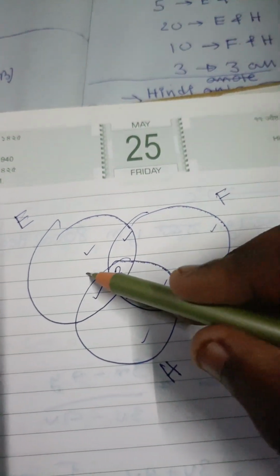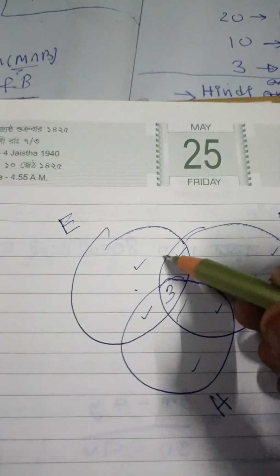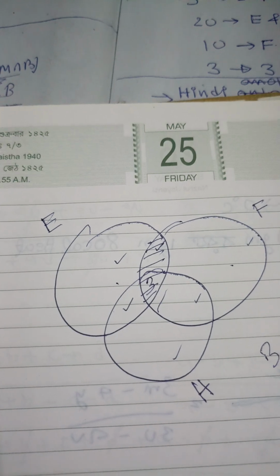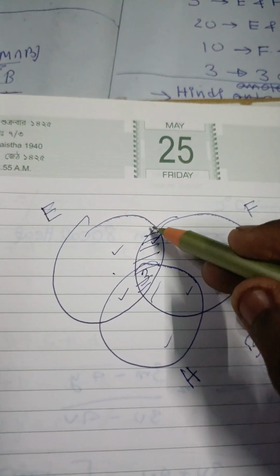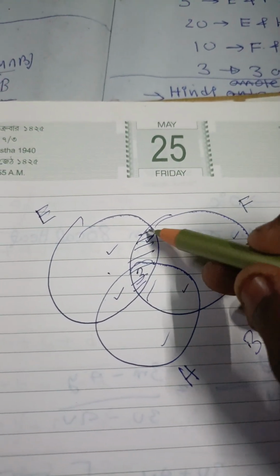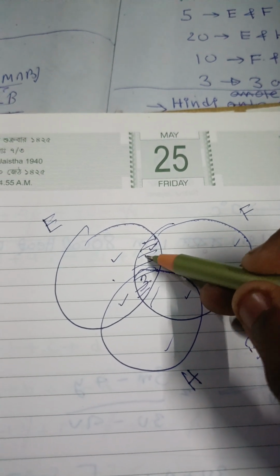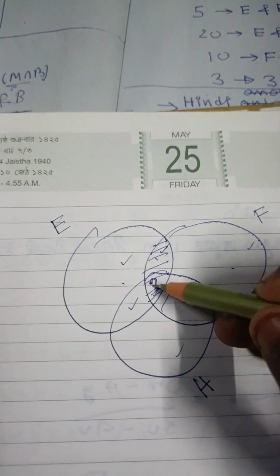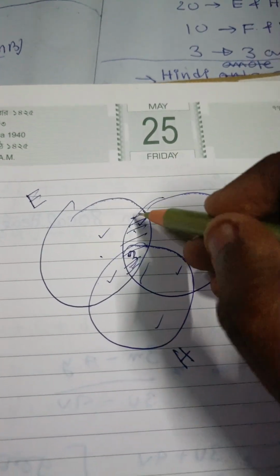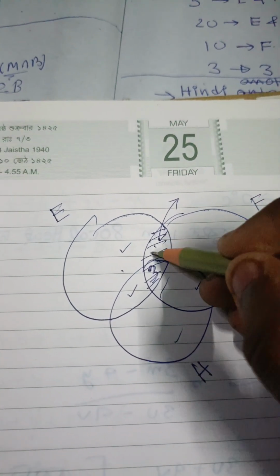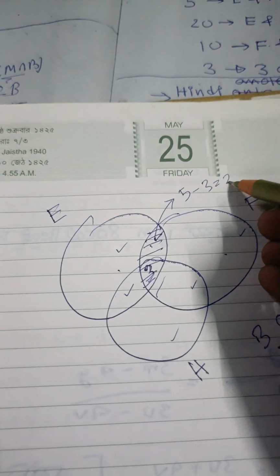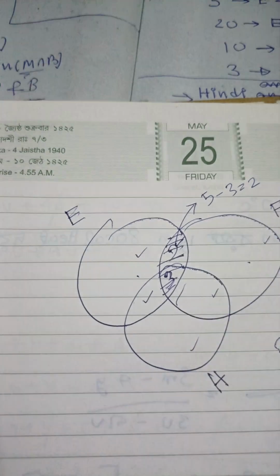English and French means the intersection part. But there are 3 students who know all three. So to find the rest of the part, it is 5 minus 3, that is 2. So here it will be 2.